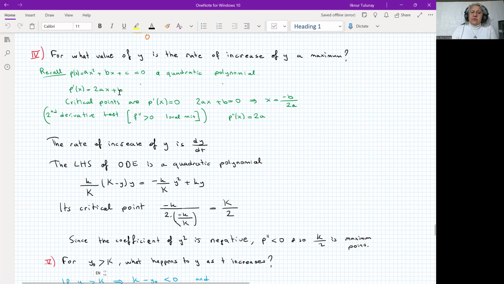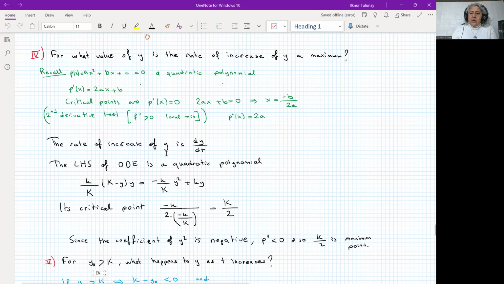The second derivative of this polynomial will be just 2a. If the second derivative is positive, then we have a local minimum. I'm going to use this fact.